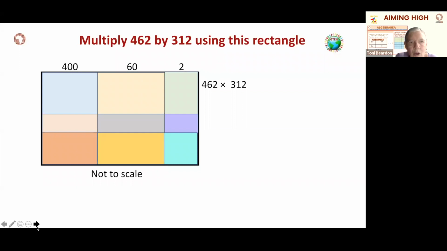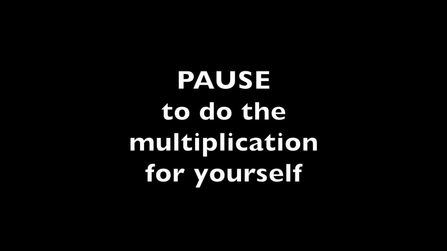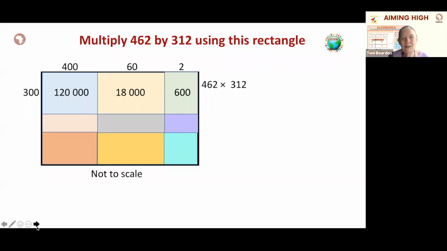Think of the 460 and 2 along one edge and what you're going to put on the other edges, and think of the 9 different products here, 9 different areas, and finally work out the sum. And do it by doing 9 very simple multiplications.